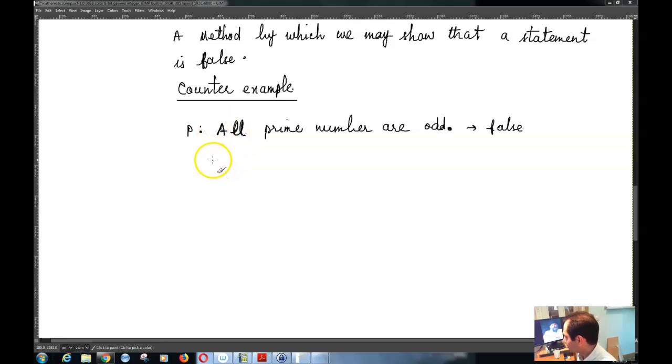As an example, let's say by giving a counter example, show that the following statement is false. If n is an odd integer, then n is prime.